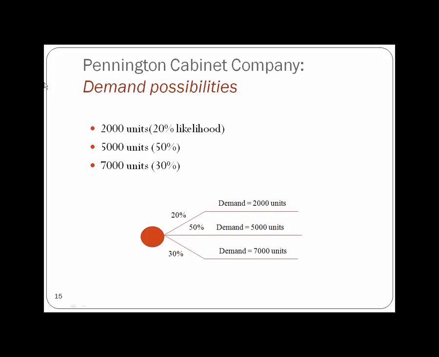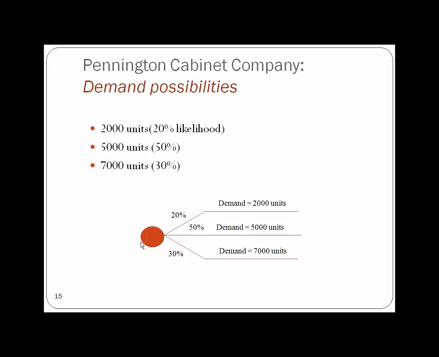So I have three possible demand scenarios here with different likelihoods. And notice I have the percentages add up to 100%. How I would express that in decision tree format is now instead of a square, I've got a circle and three branches. The circle tells me that this is not something I can choose. In other words, when I was talking about capacity options, I can select whichever capacity option I want.